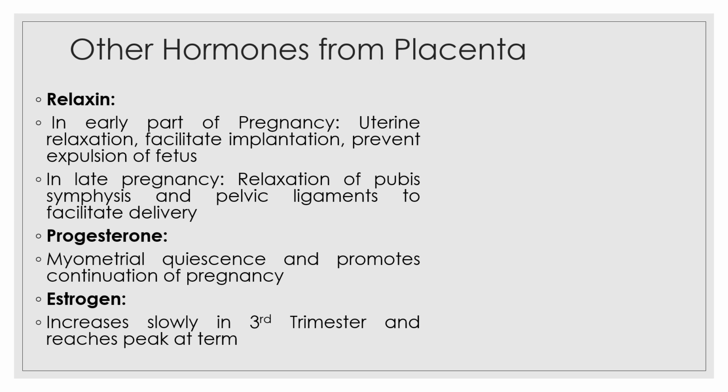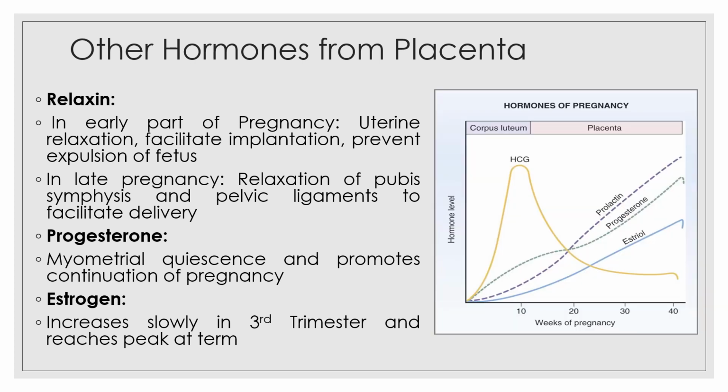And progesterone is also released. Progesterone, you know, maintains myometrial quiescence and promotes the continuation of pregnancy. Estrogen increases slowly in the third trimester and reaches a peak at term. So this, in a nutshell, is HCG, progesterone and estrogen and their functions.